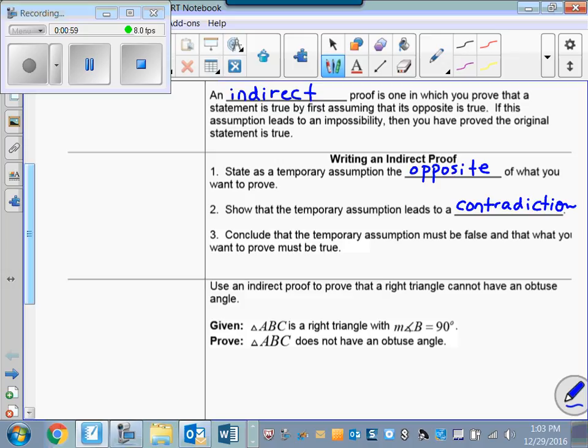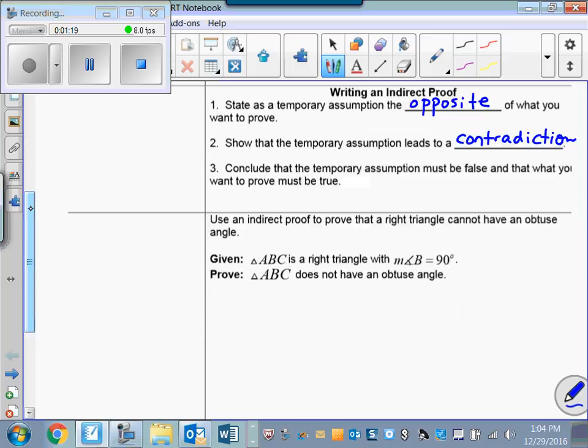This assumption is going to lead you down a path where you discover this can't possibly be, because of what I know about geometry and the given information. And once you get to that contradiction, then you can conclude that your assumption is false and what you're trying to prove is true.